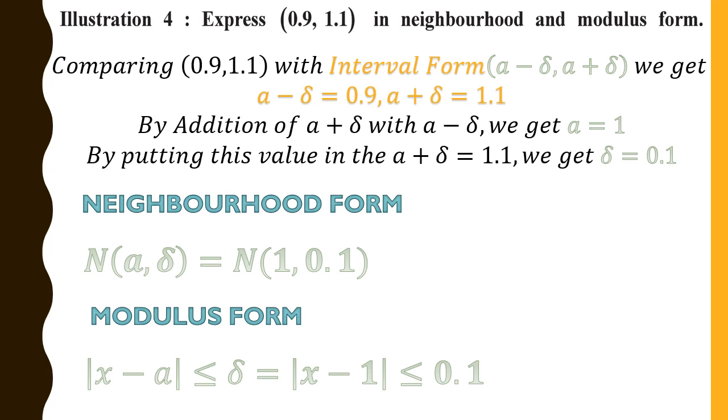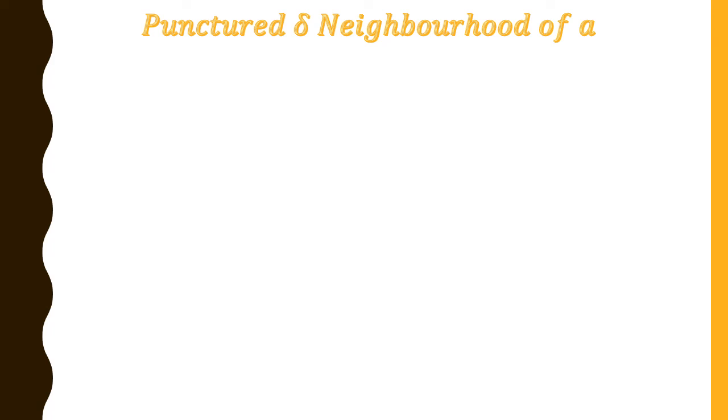Now let us understand one last concept before completing today's lesson. That would be the punctured delta neighborhood of A. The delta neighborhood of A we already know, but the punctured delta neighborhood of A has something additional.